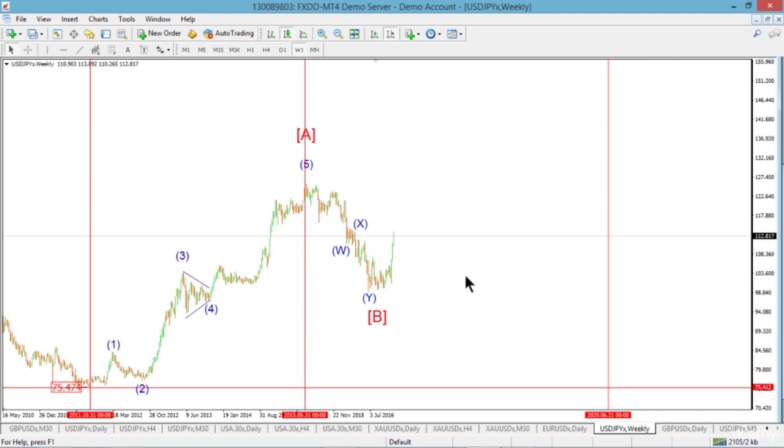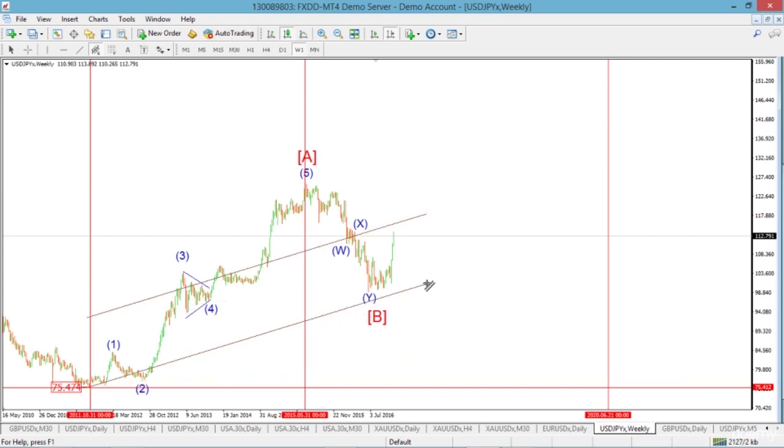So let's go through defining maturity of trend, which is what this video is about. Here are some techniques that you can use to get a grasp on how far along your trend move is. What we've decided already is that this is an ABC correction to the upside. First of all, I'm going to get a trend channel. A nice ABC zigzag correction should fit within a nice trend channel.